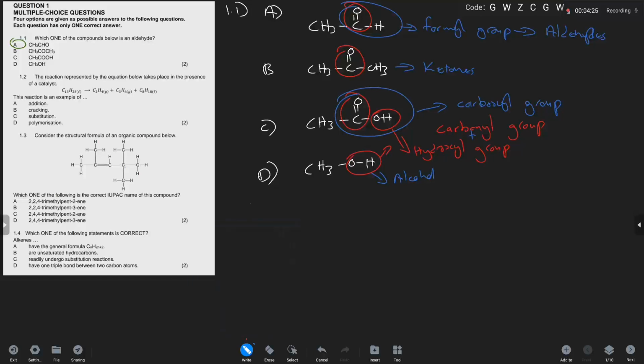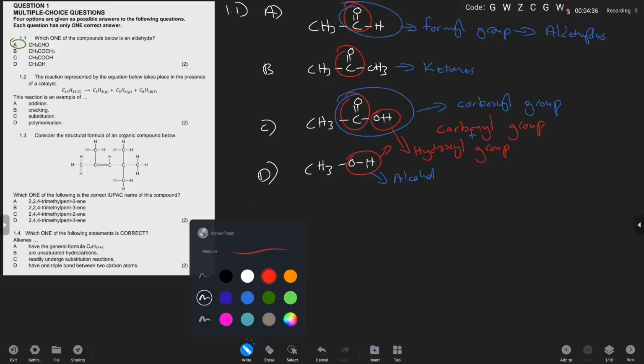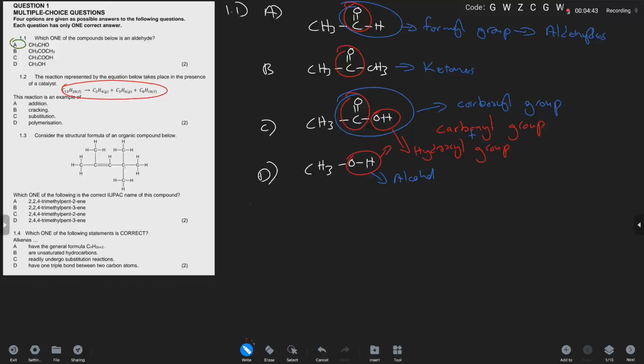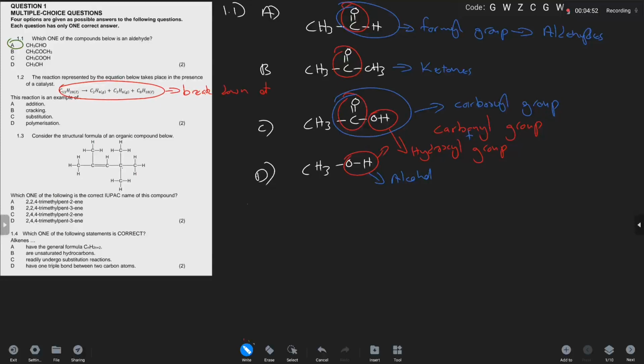And then 1.2, as we move forward, says a reaction represented by the equation below takes place in the presence of a catalyst. So these are reactions. If you look clearly, we only have that organic compound, a larger molecule, which is going to be broken down into smaller and more useful molecules.